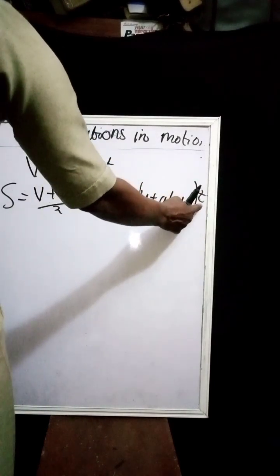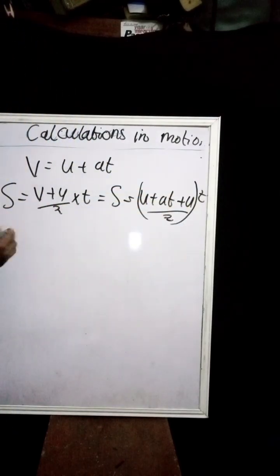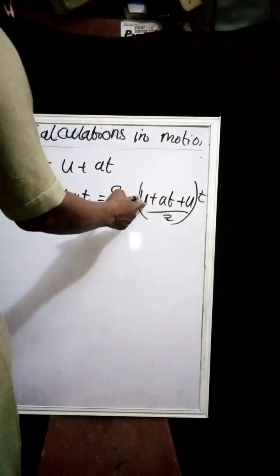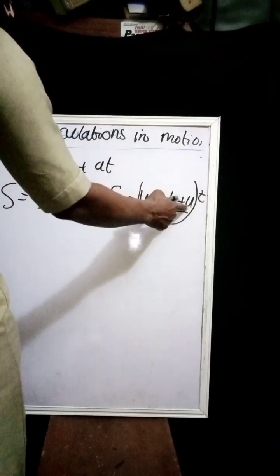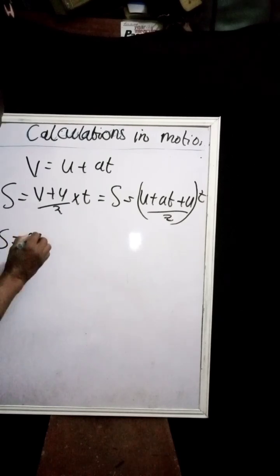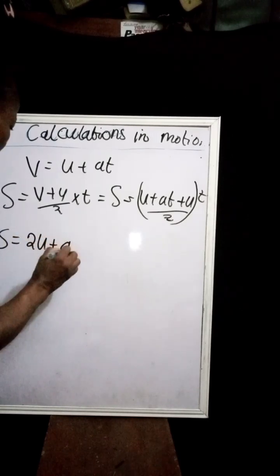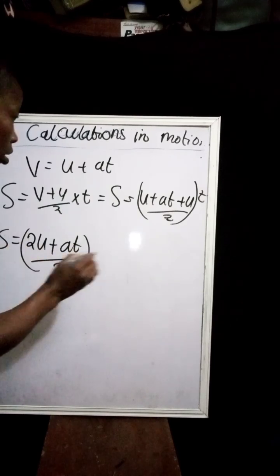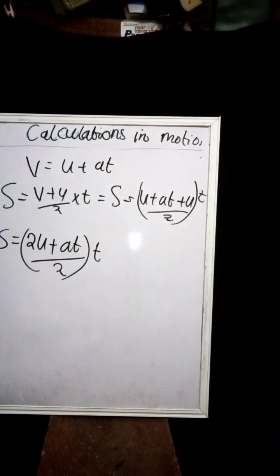Okay. Now let's open the bracket. Opening the bracket, we have to multiply everything here by this t. First, let's solve the inside bracket first before opening. We have that u plus u will give us what? 2u. 2u plus at over 2. Okay.